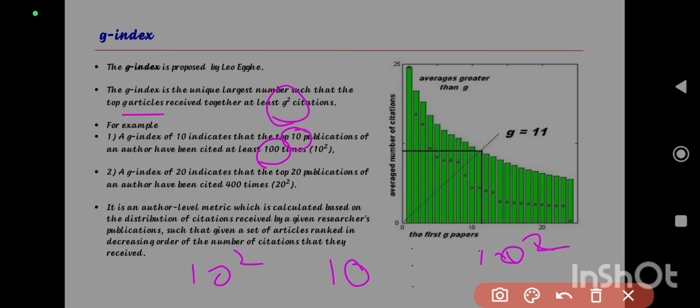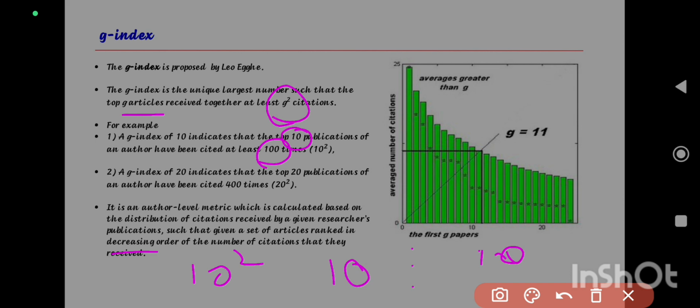So a G index of 20 indicates that his top 20 publications have been cited 400 times. So it is an author level metric, which is calculated based on the distribution of citations received by a given researcher's publications, such that a given set of articles is ranked in the decreasing order of the number of citations they have received.